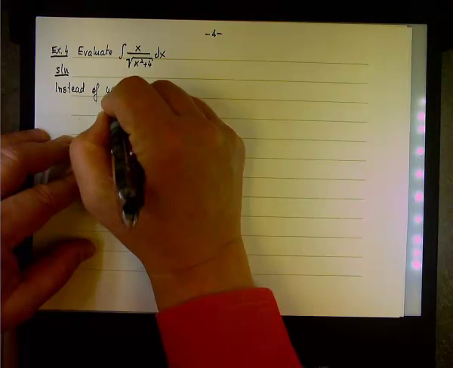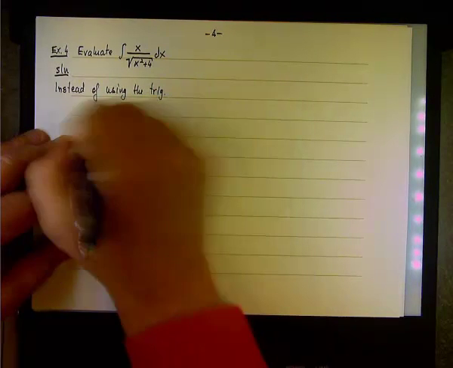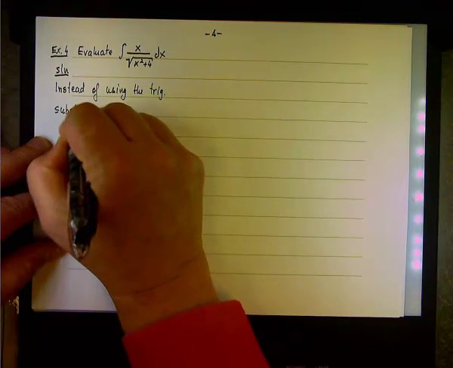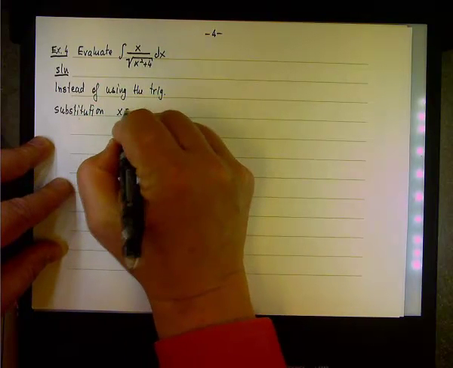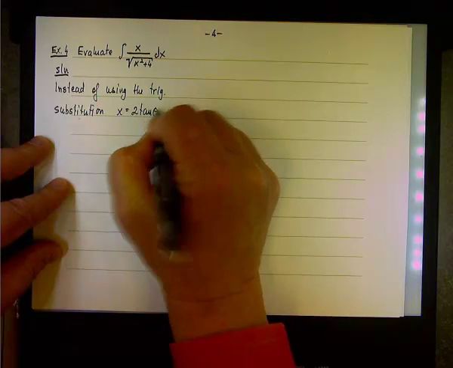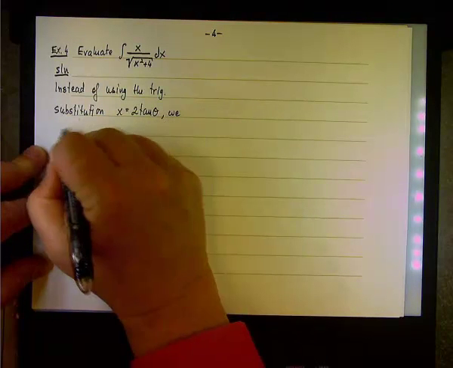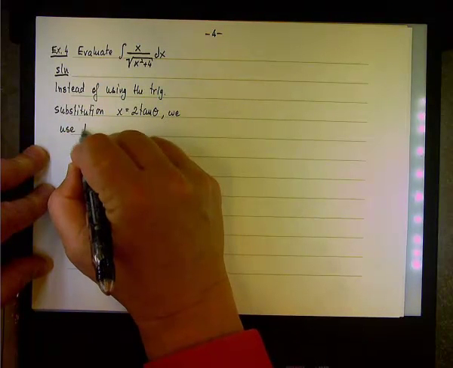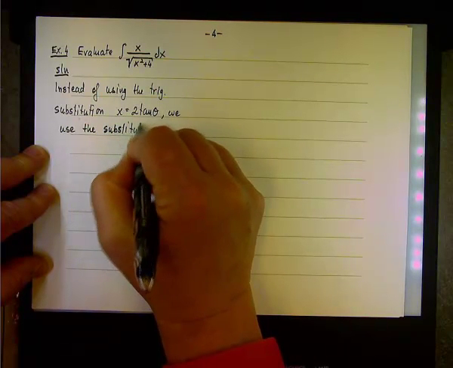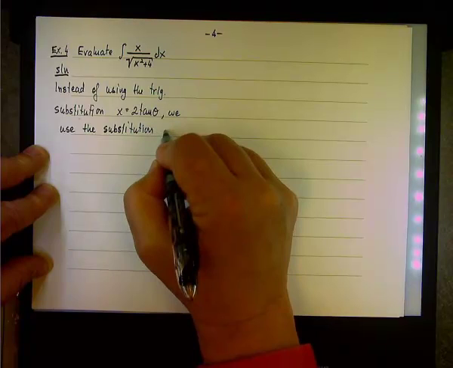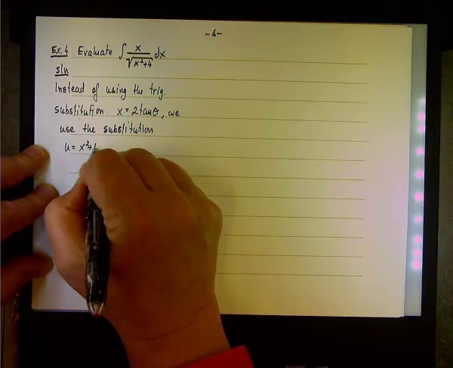So instead of using the trig substitution, x equal 2 tangent theta, as we did last time, we use the substitution u equals x squared plus 4.